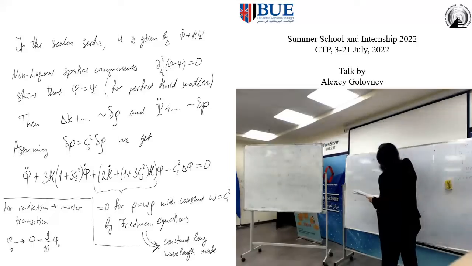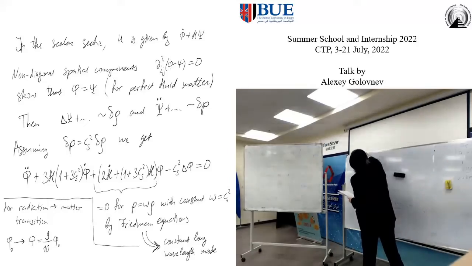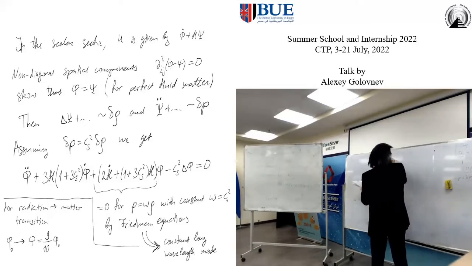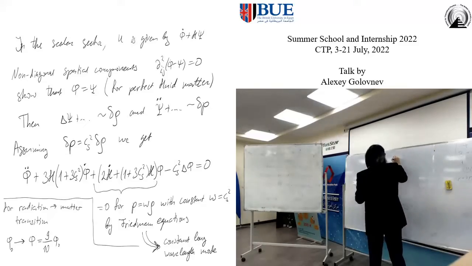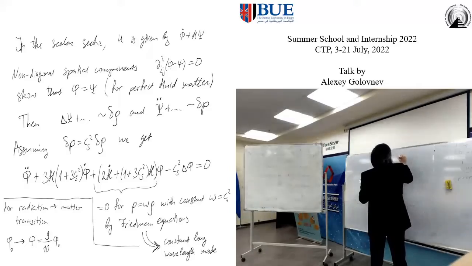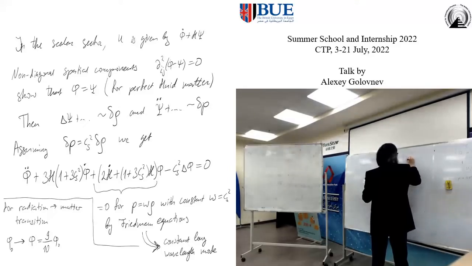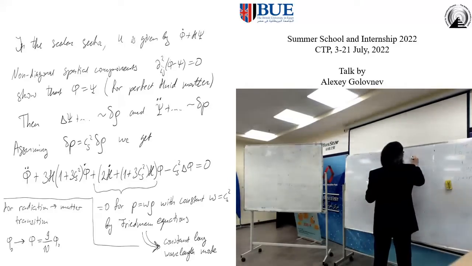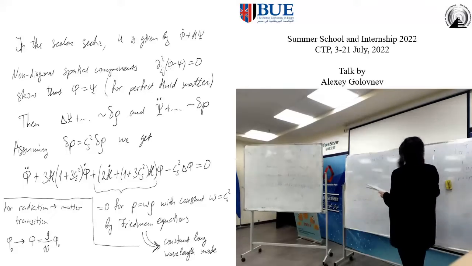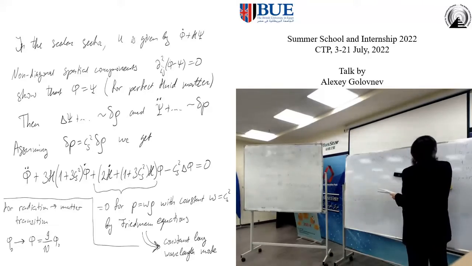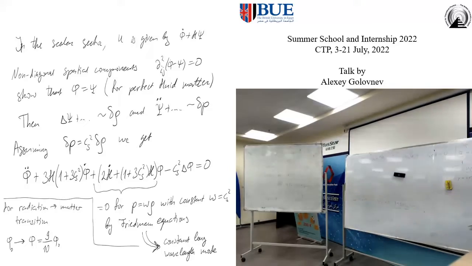Again I have terms with second time derivative and first time derivative, then a term without derivatives, multiplying phi, and a Laplacian of phi.